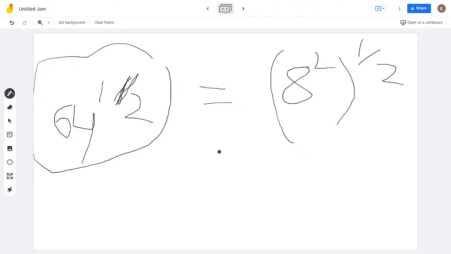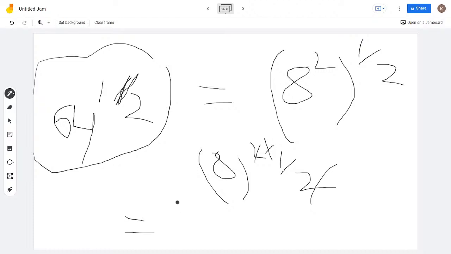So you can simply multiply the powers, which is 8 to the power 2 times 1 by 2, right? And 2 times 1 by 2 is 1. So the answer here would be 8 to the power 1, which is 8 itself.